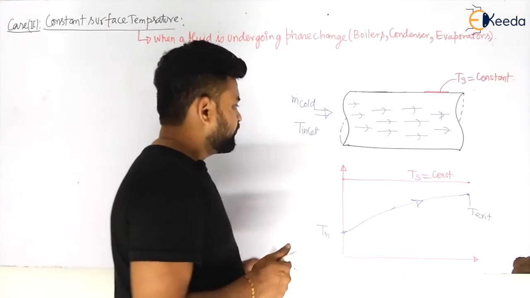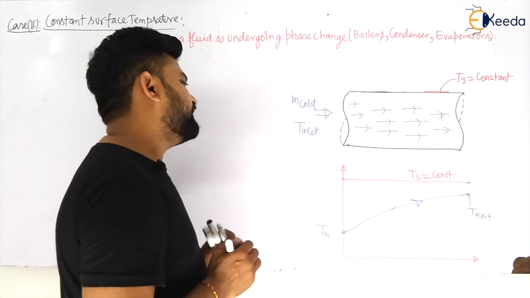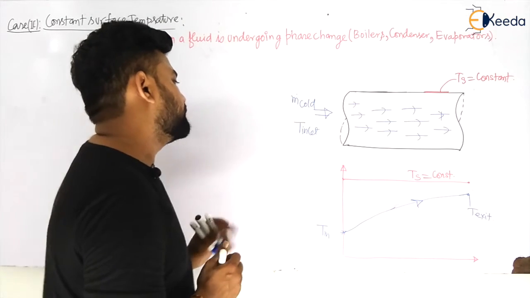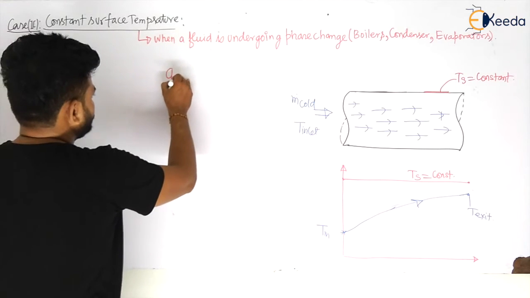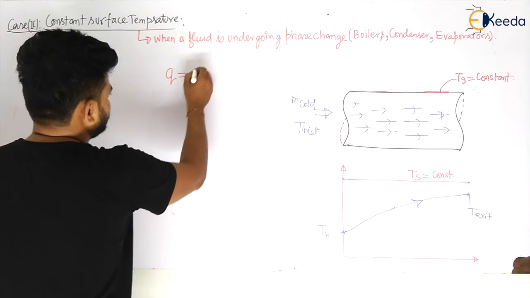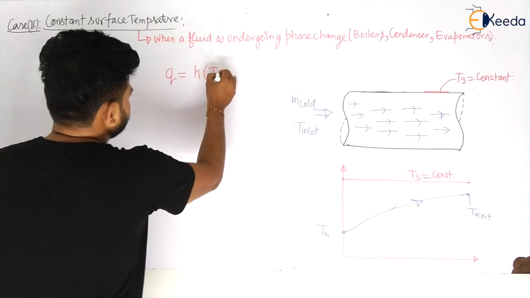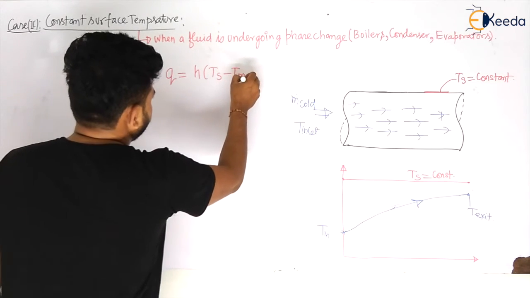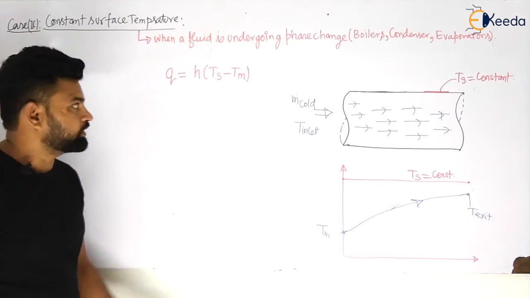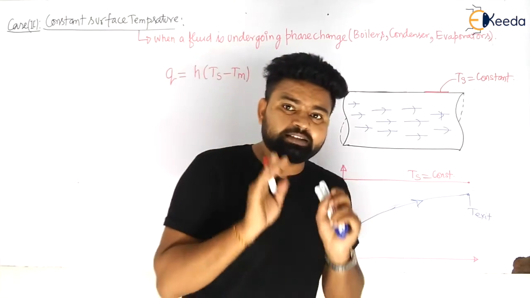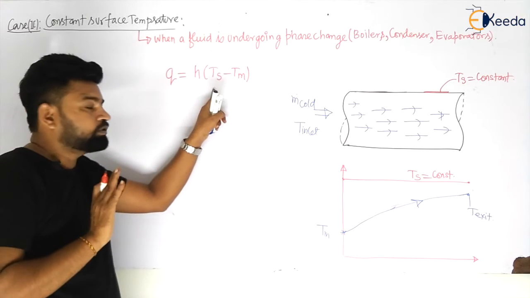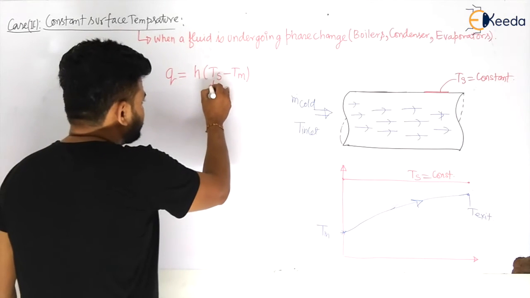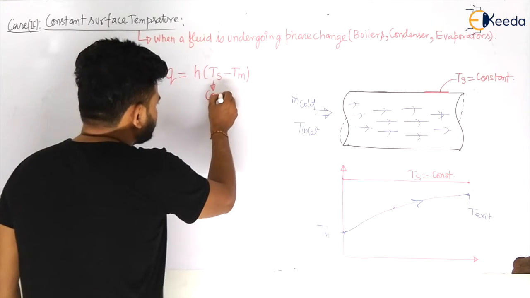So you have seen that the mean temperature of the fluid is now changing. How do we see this? The heat flux is q equal to h into (Ts minus Tm). In the first case, Ts was changing, it was not constant, but now we have taken it constant.